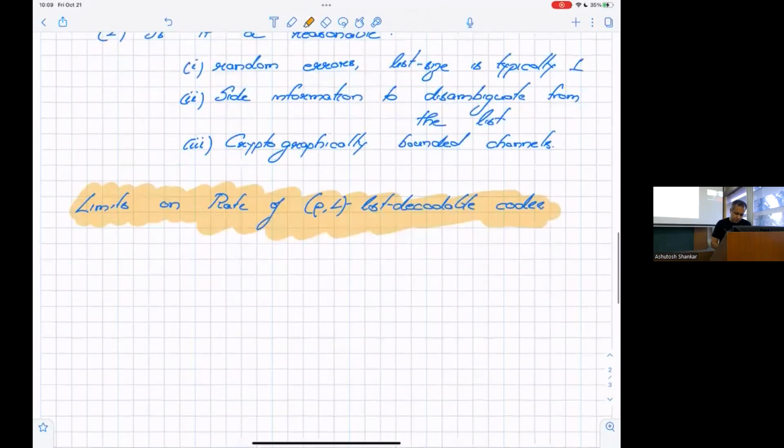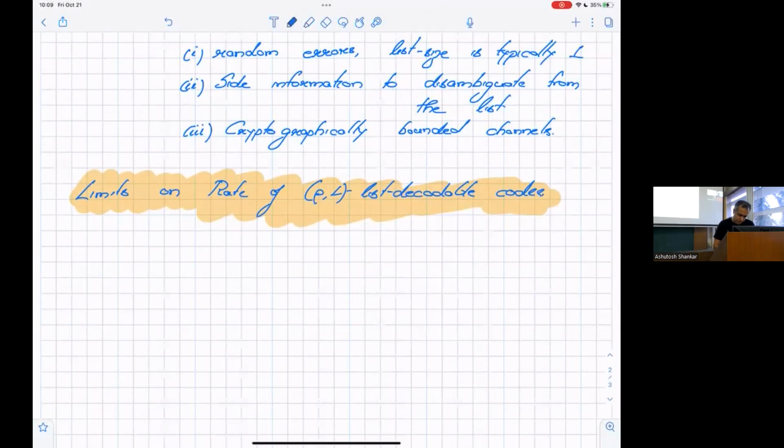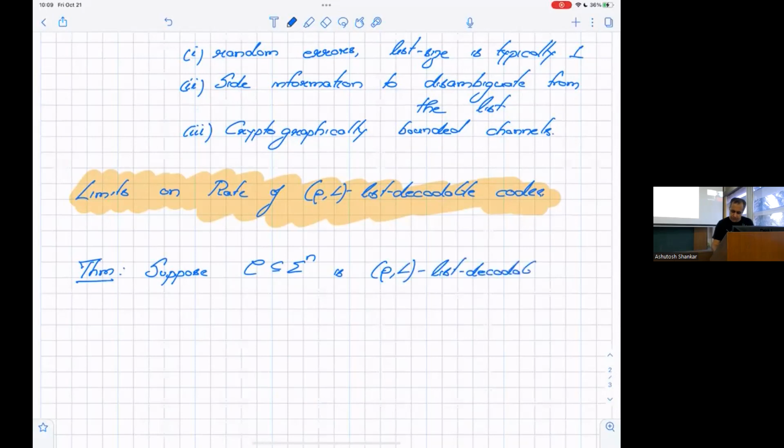So let's do this first. Suppose C, a subset of Sigma^n, is (rho, L) list decodable, and the rate of the code is quite large: the rate of the code is more than 1 minus the q-ary entropy, an epsilon more than this.